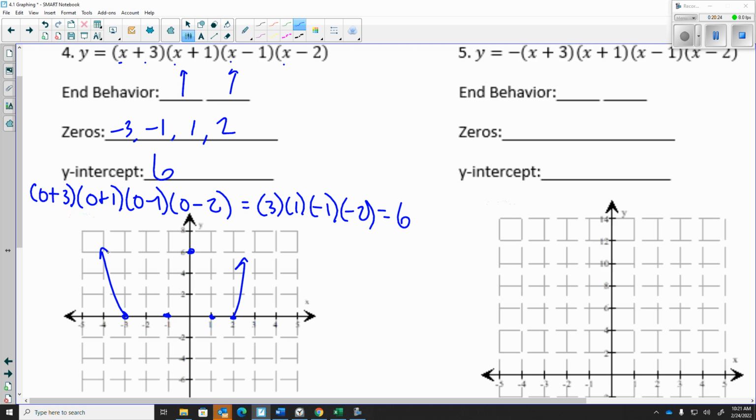We're coming down, we cross, we come up, we get that. We have to go get the y-intercept. Come down. Oh, that was bad. Remember, it doesn't matter how far you go down as long as you just get a general sketch. Okay?